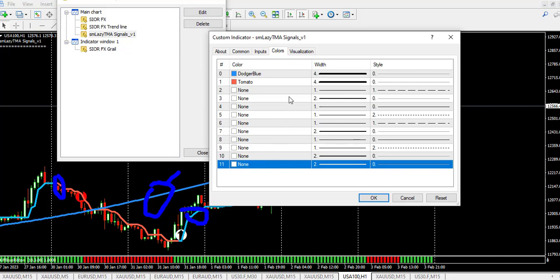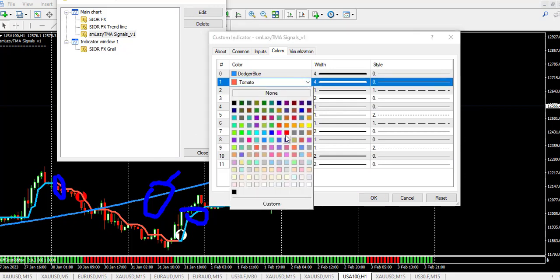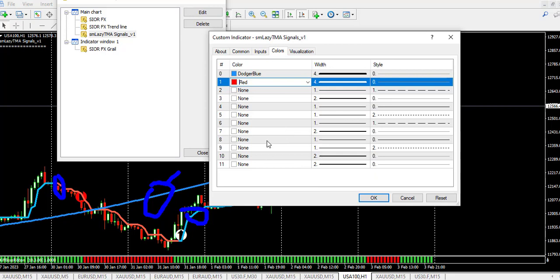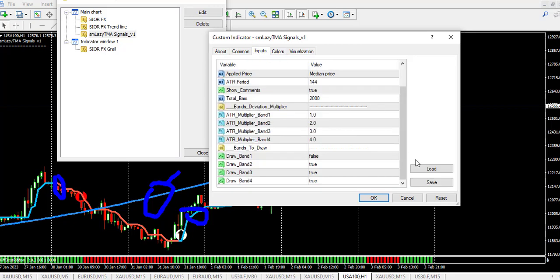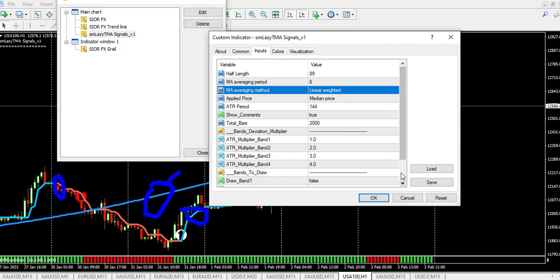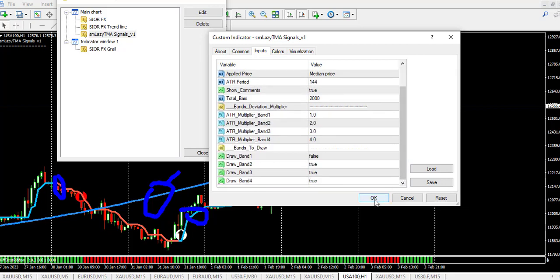I change it to none, and only 0 and 1 remain, Dodger blue and tomato. The Dodger blue is for buy and tomato is for sell, and you can change the color if you like. Just make sure you enter the values here and click OK. You can pause the video and click OK when you are done.